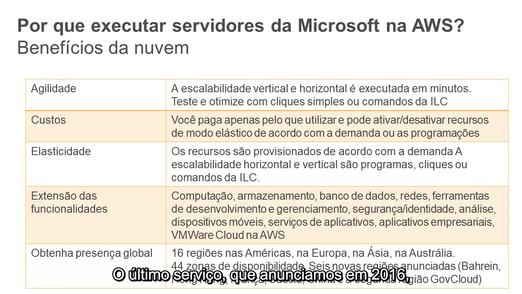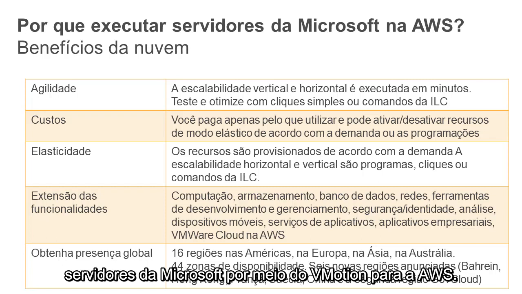The latest one that we announced in 2016 and will soon be going to general availability is the one that's called VMware Cloud on AWS. And when that service is available soon, you'll be able to take a Microsoft server's deployment on premises, vMotion it to AWS.